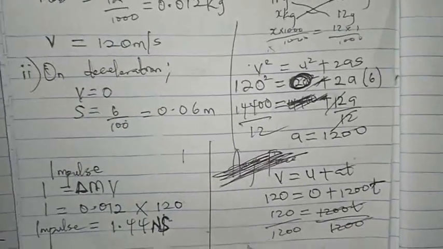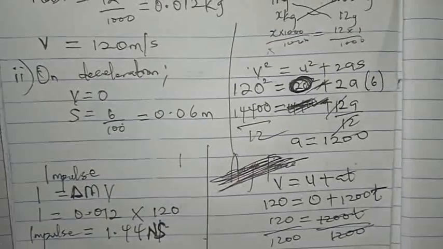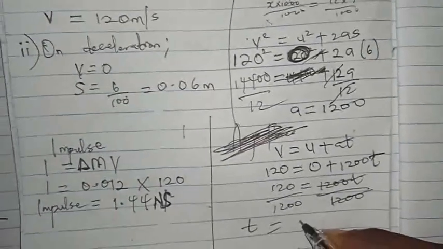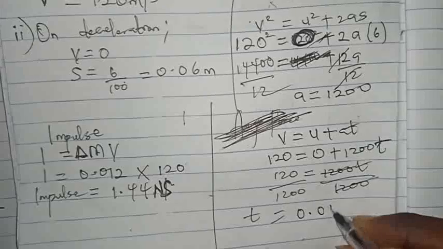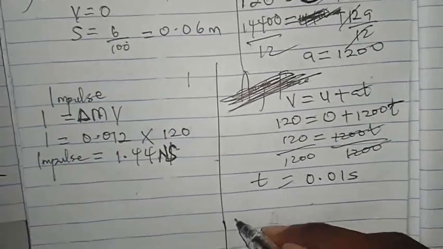This will cancel. So T will be equal to 120 divided by 1,200. So you get T to be equal to 0.01 seconds.